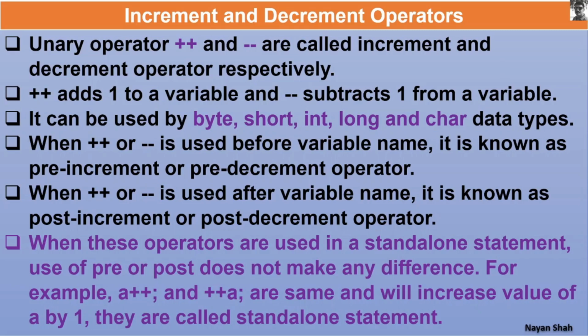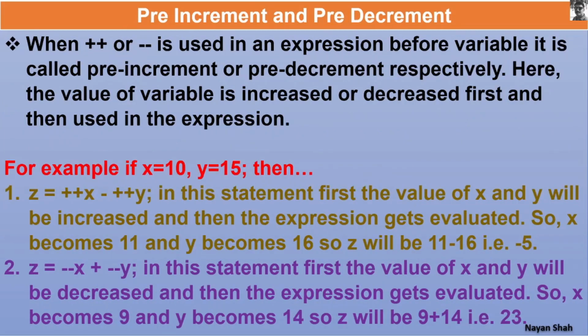Now let us see in detail what pre-increment and pre-decrement are, and what post-increment and post-decrement are. The first one, pre-increment and pre-decrement: when plus plus or minus minus is used in an expression before the variable, it is called pre-increment or pre-decrement respectively.